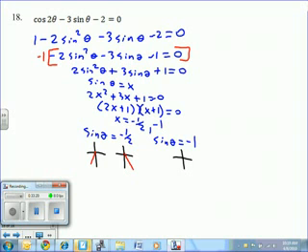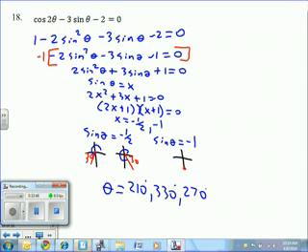Where does sine equal 1/2? 30, that's our reference angle. And then where is sine negative 1? 270. And you go down. So then theta equals 210 degrees, 330 degrees, and 270 degrees.